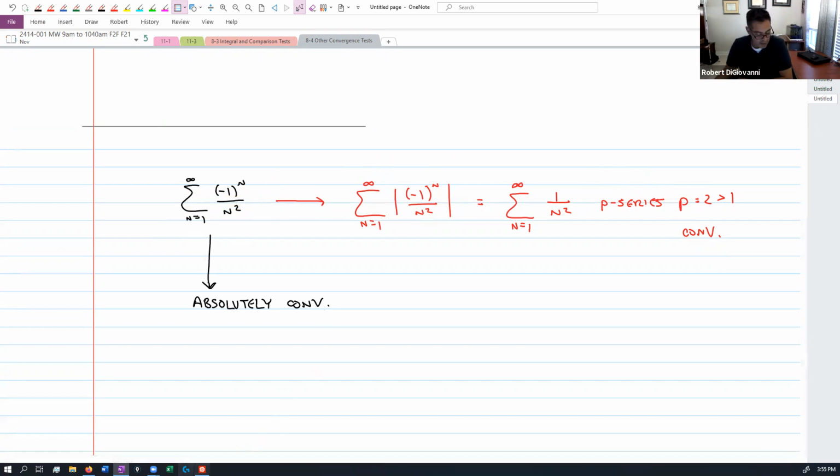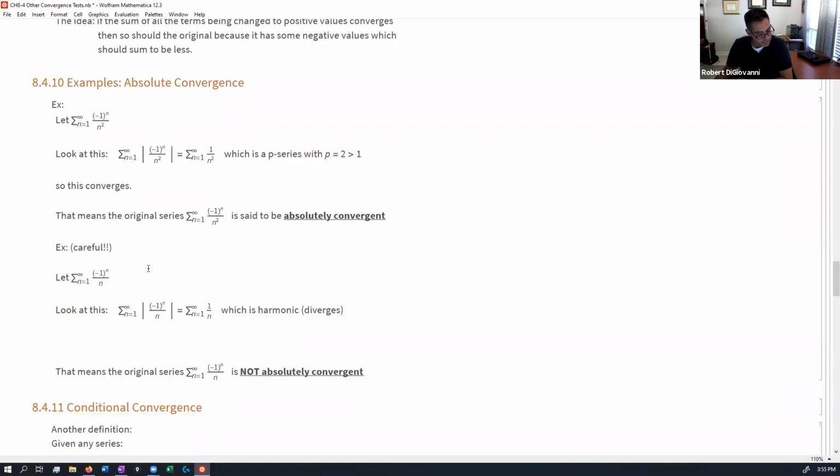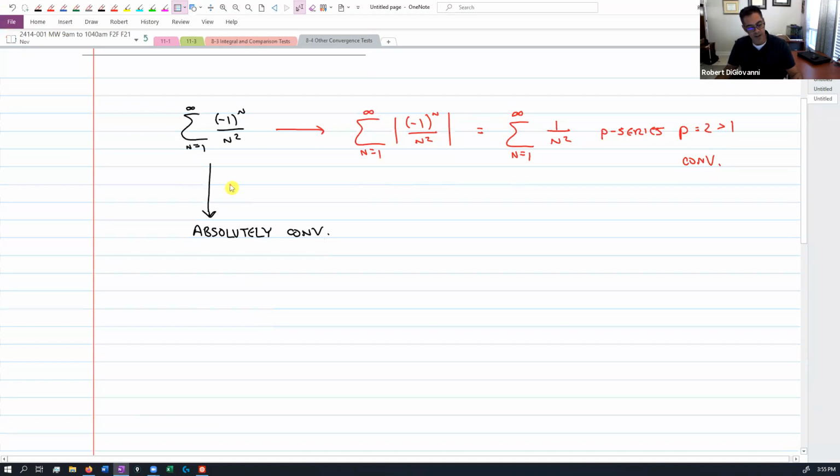Let me show you a different example. What if we do the same problem, okay? We're going to change one little thing on it. So we're going to go sum n equals 1 to infinity of (-1)^n over just n, not n squared.